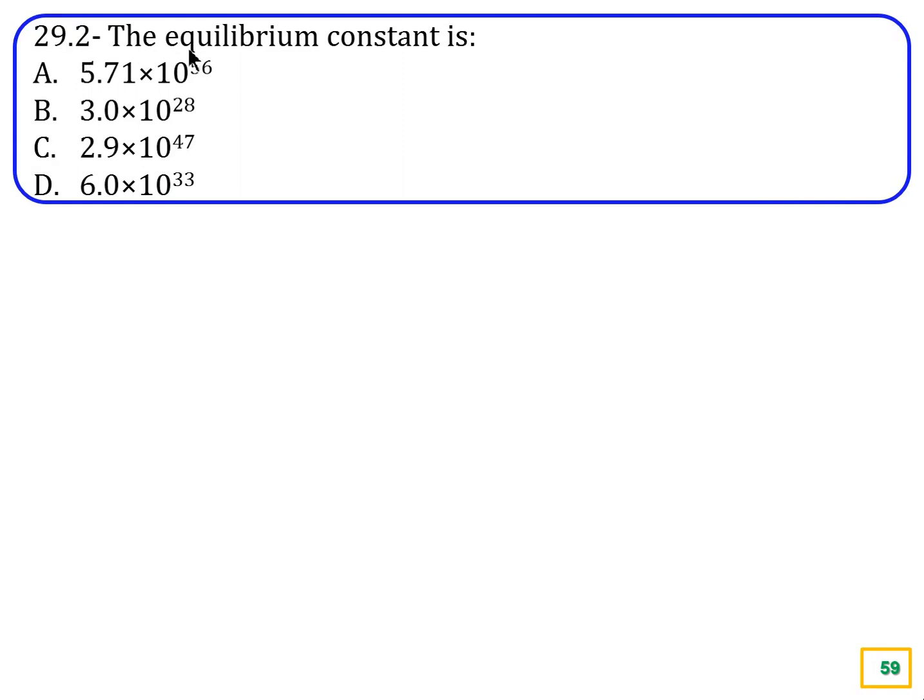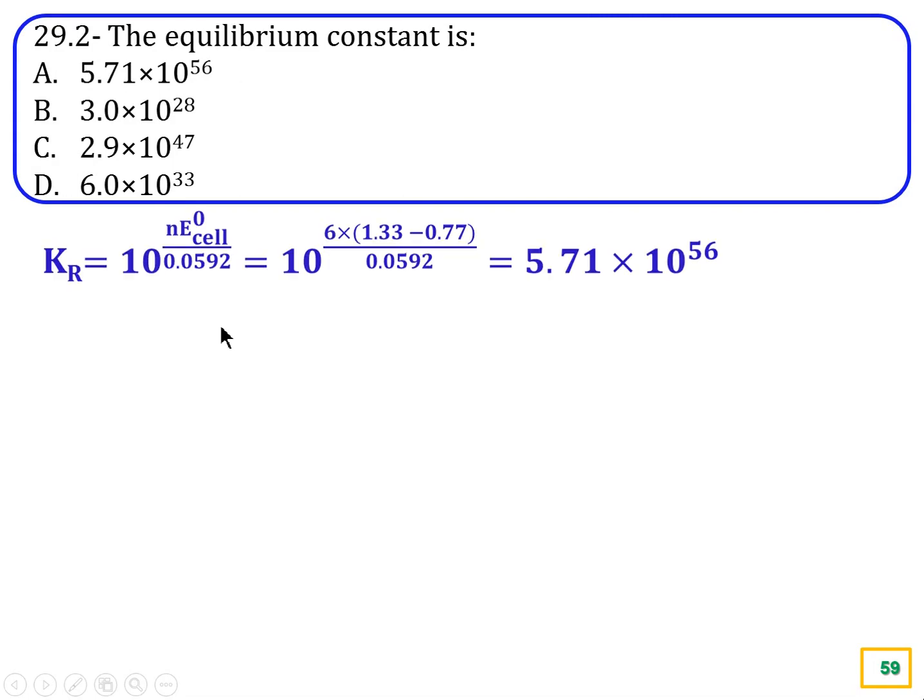Exercise 29.2, the equilibrium constant of this reaction is given according to the relation K equals 10 to the power n' E0 cell divided by 0.0592. So n equals 1 and n' equals 6.